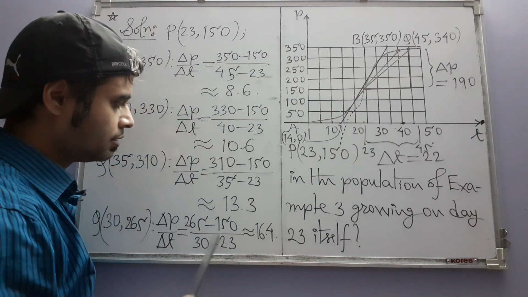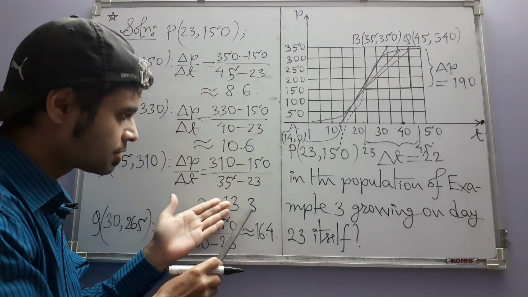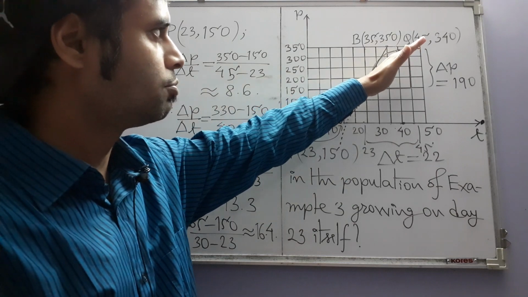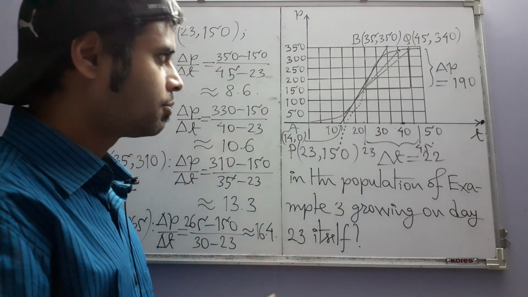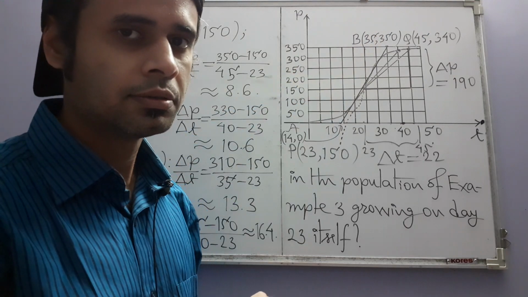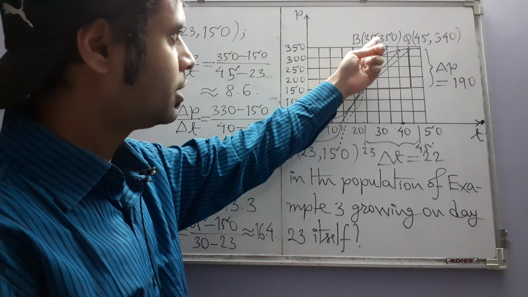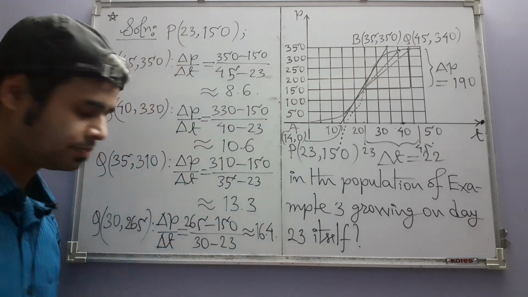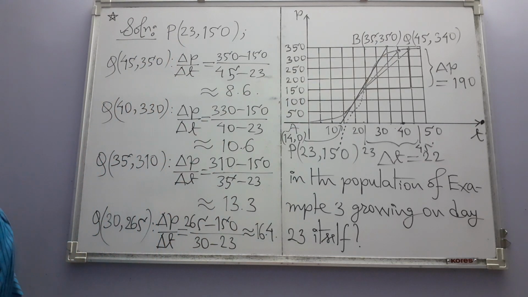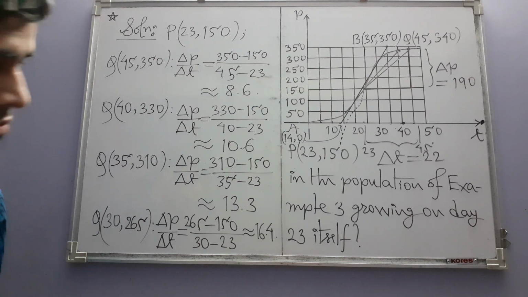So that is why the slopes that you are getting for these new positions of the secant line will approach the slope of the tangent. So we just have to calculate the slope of this line that joins A and B, and that slope has this value.